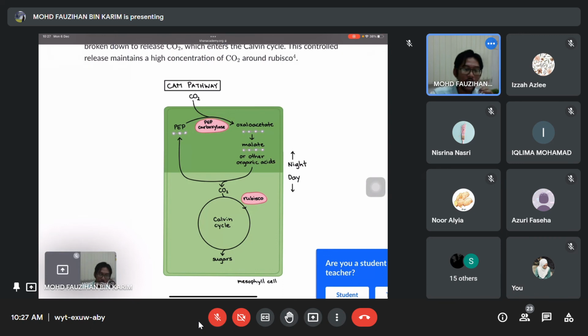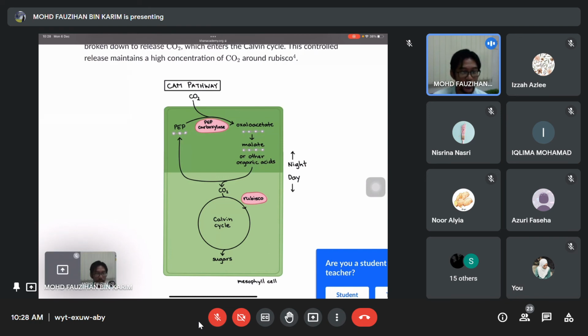The Calvin cycle, on the other hand, is dependent on whether there is substrate or not: carbon dioxide, ATP, NADPH. If there is no carbon dioxide, Rubisco, ATP and NADPH, the Calvin cycle will stop.